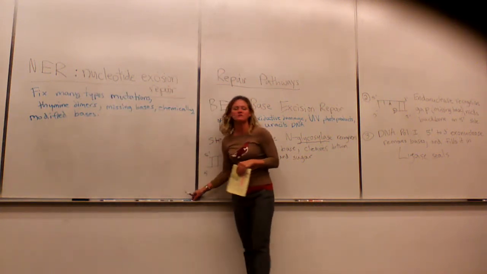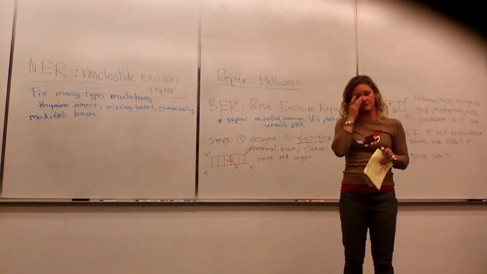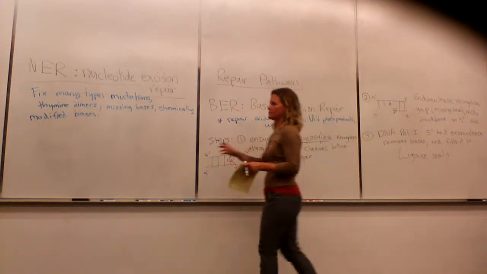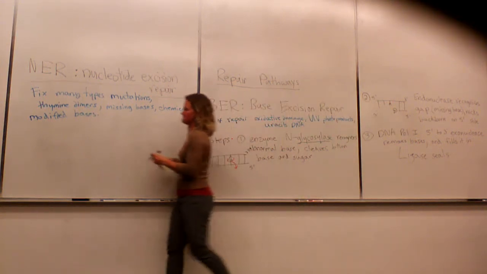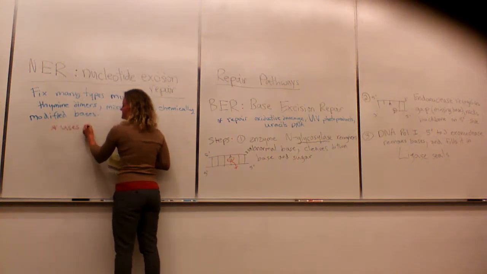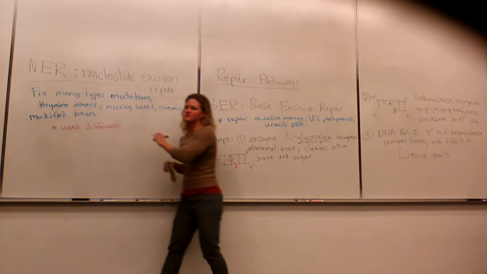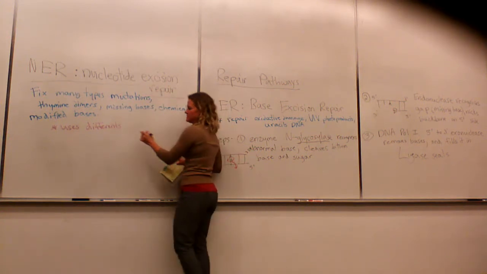Like the tautomers, whenever we think about the chemical modifications that can happen to the bases that make them an abnormal base. Okay. So this definitely uses different enzymes, which is why it's been named a different pathway from BER.